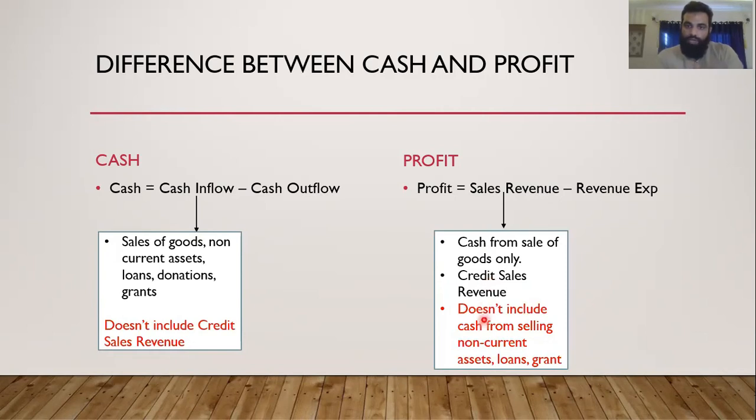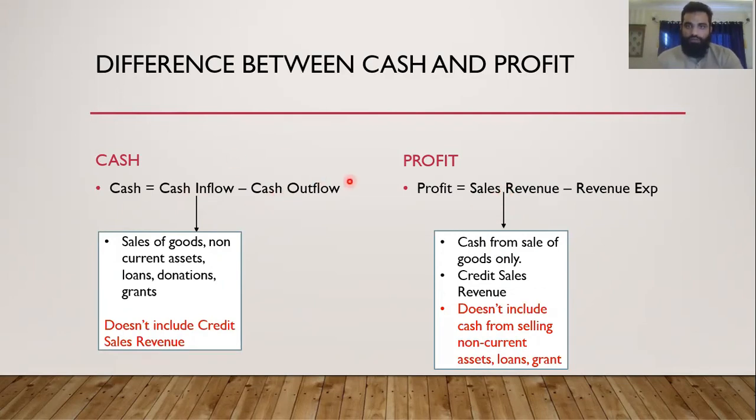So the point of difference again is sales revenue doesn't include any cash from selling non-current assets, from loans, from grants. Here you will only see cash sales and credit sales, whereas all these things are recorded in cash inflow. So this is how cash inflow is very different from sales revenue, though there is one point of similarity.